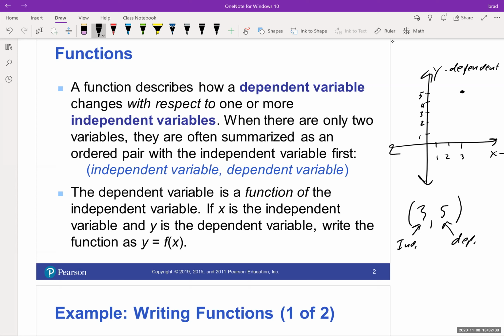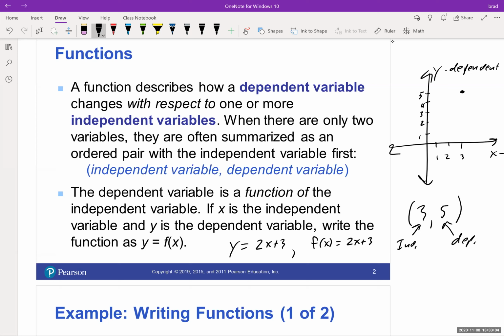The dependent variable is a function of the independent variable. So if x is the independent variable and y is the dependent variable, write your function as y equals f of x. This basically says that instead of saying y equals 2x plus 3, we're now going to say f of x equals 2x plus 3. In general, there's no difference.